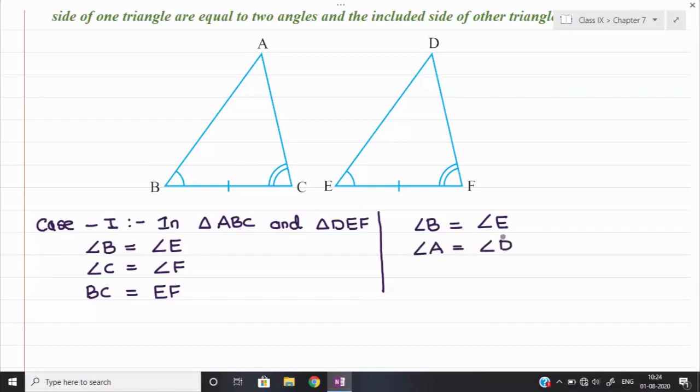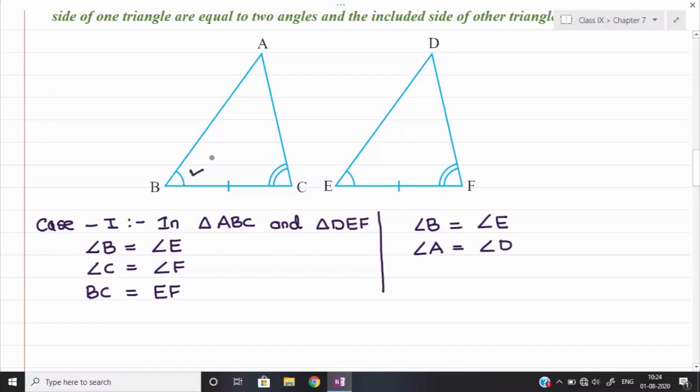Suppose we have given in the question these two pairs of corresponding angles are equal. Then in that case, which side should be equal to prove that the triangles will be congruent? So see, which side is coming between angle B and angle A. Look at angle B here.